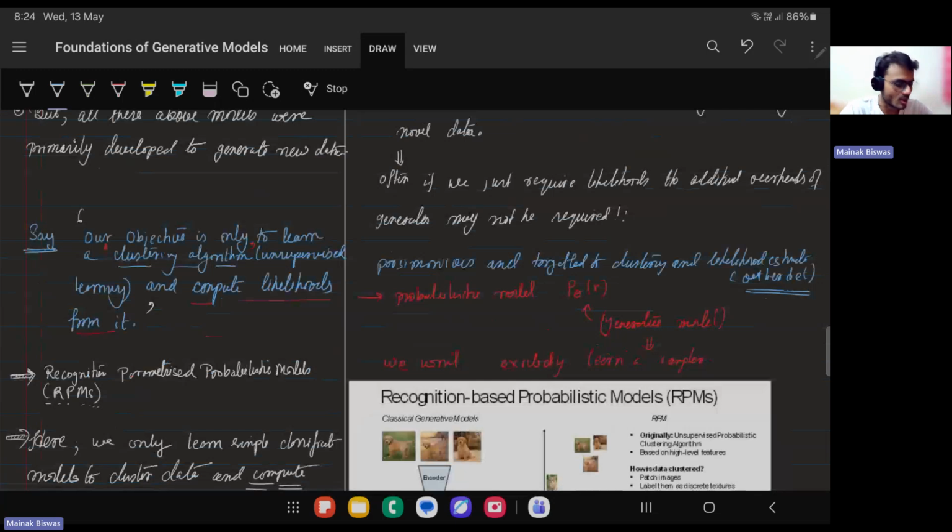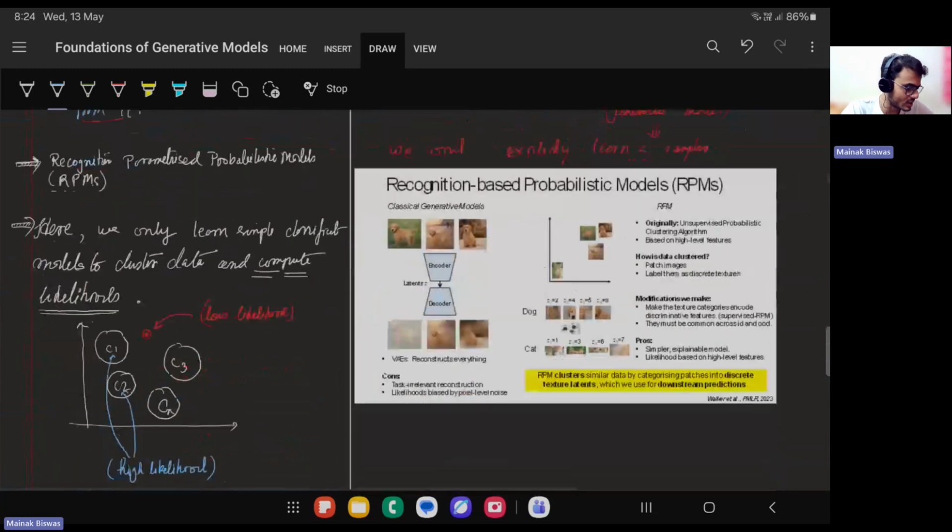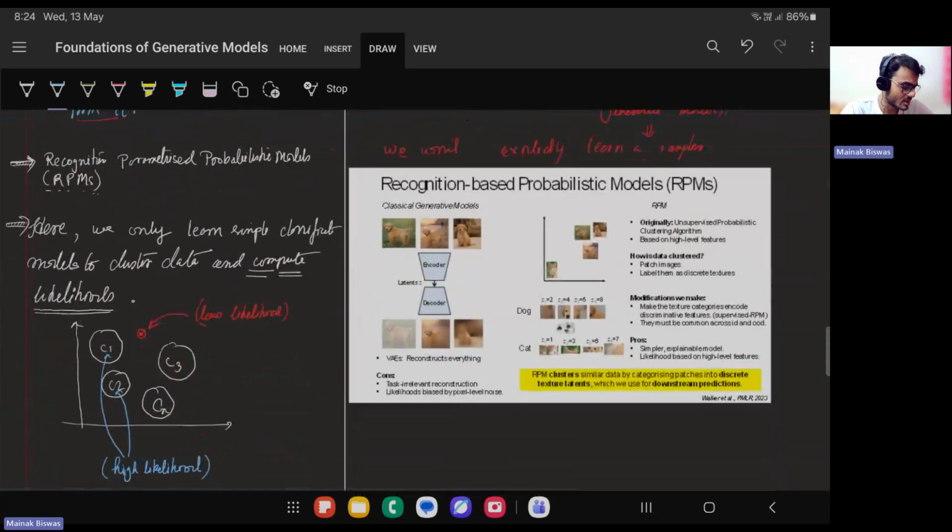These models are called recognition parametrized probabilistic models. It was introduced in 2023 in a seminal paper by Walker and Sahani.